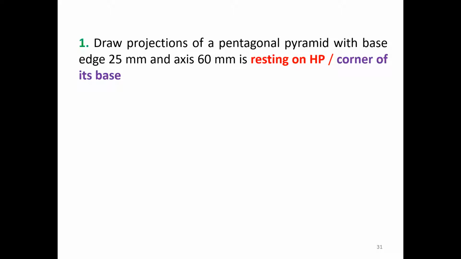This is the first condition: the pentagonal pyramid of base 25 and axis 60 resting on the horizontal plane with its regular pentagonal true shape, maintaining a corner and slant edge on the right side.